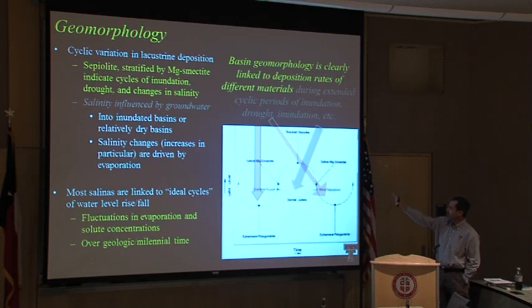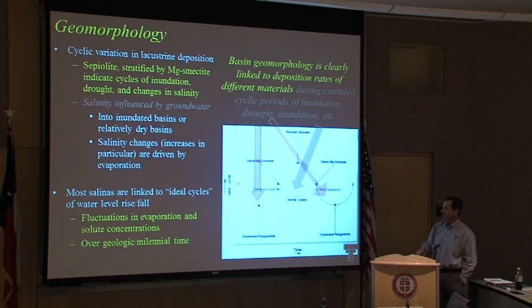You can see the deposition of certain minerals such as sepiolite, smectite, and so forth, which indicate different periods of time over millennial ranges in terms of what's deposited, whether it was a dry period, wet period, or somewhere in between.